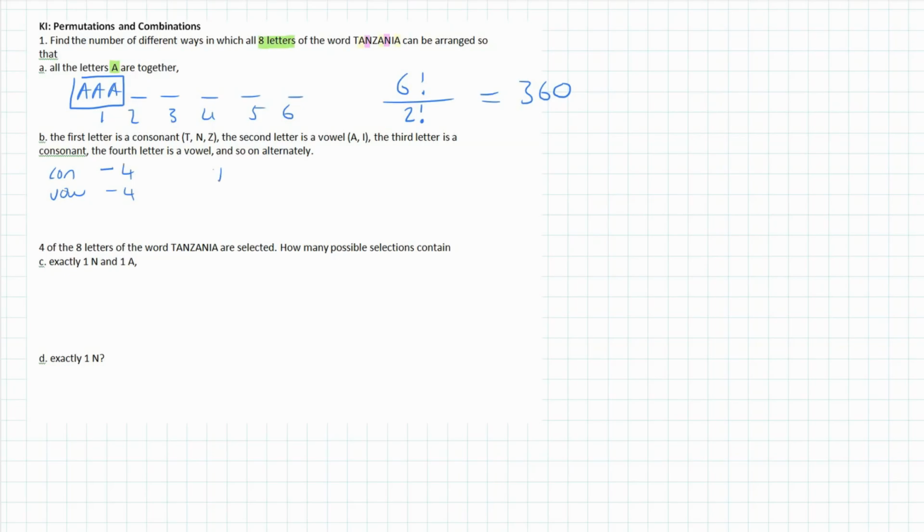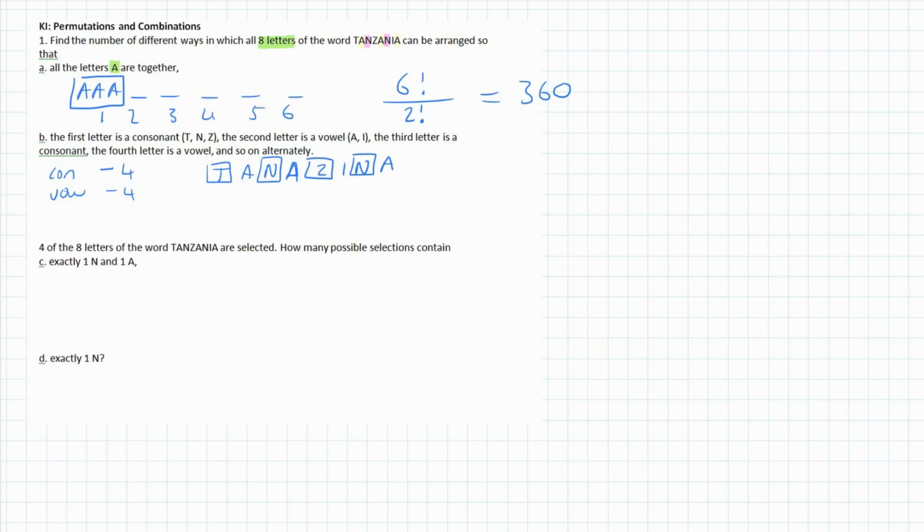So let's just write it like this: T, vowel, N, vowel, it's an A, Z, I, N, it's another consonant, vowel.